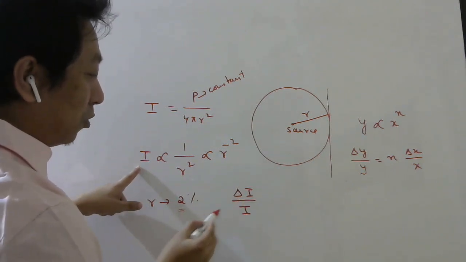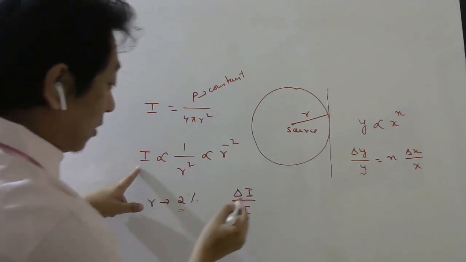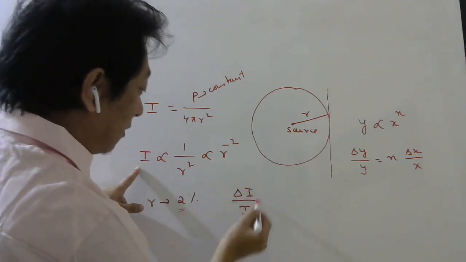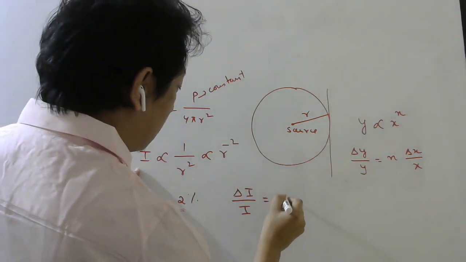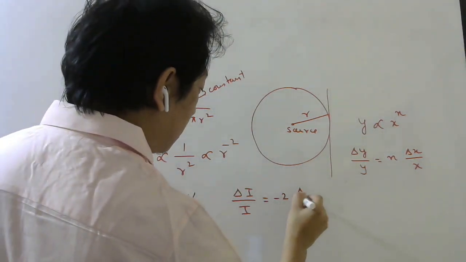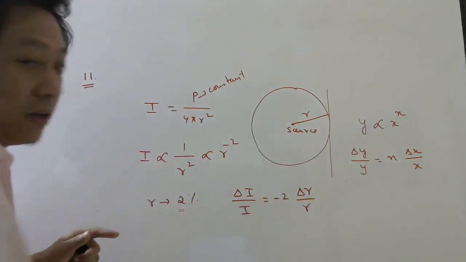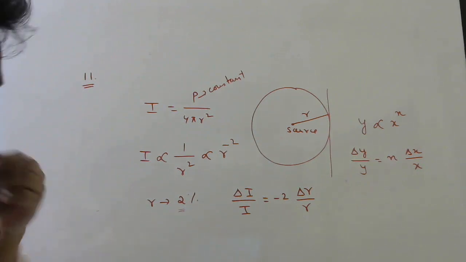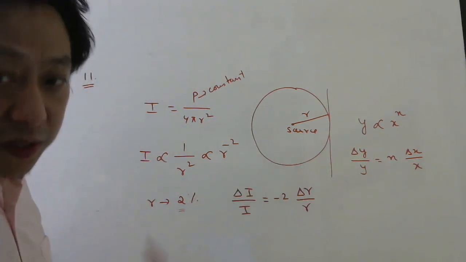Relative change is change divided by original value. So the fractional change in intensity will be minus 2 times the relative change in the distance. Then you can multiply by 100 on both sides, and the relative change becomes percentage change.